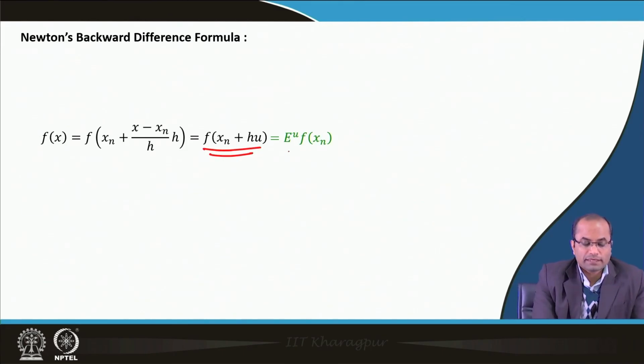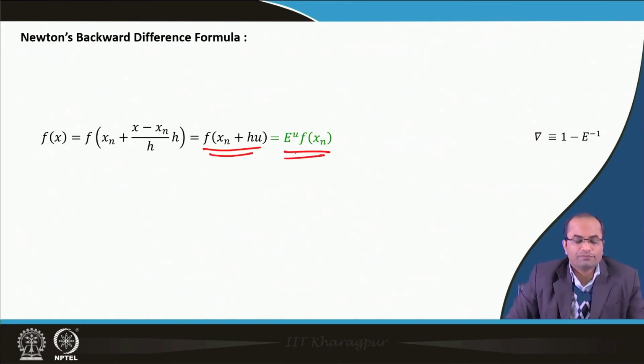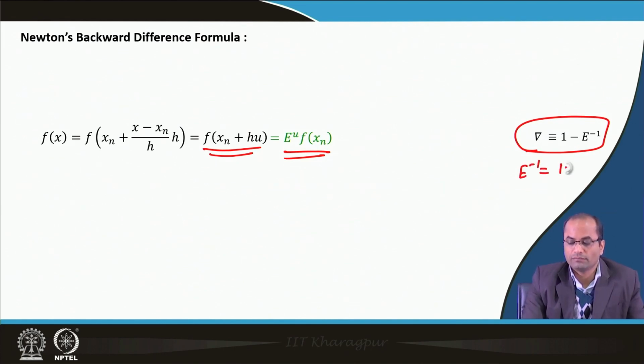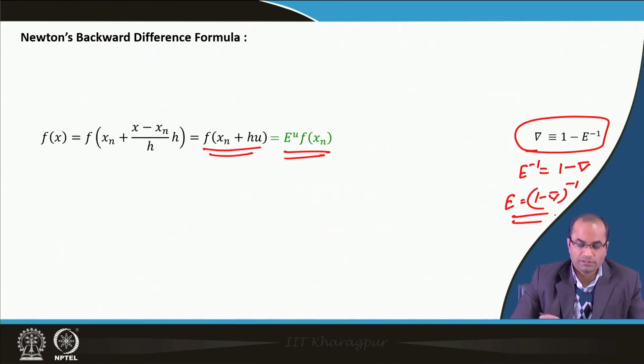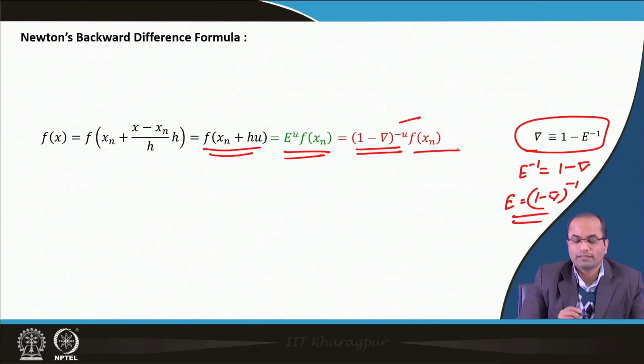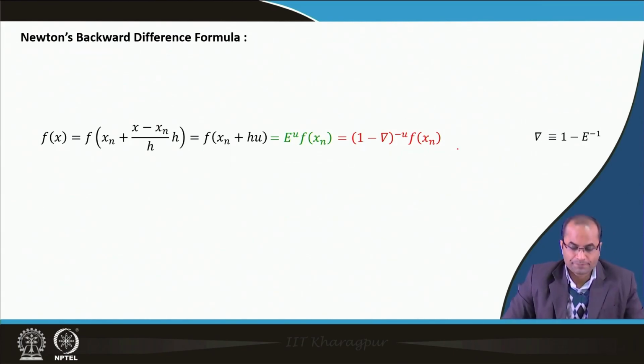So, this again can be written as E power u f x n, and this relation we will use, that the backward operator is 1 minus E inverse, or E minus 1 is nothing but 1 minus this backward operator, or E is nothing but 1 minus backward operator power minus 1. So, this relation we can use there, and so we have 1 minus this backward operator power minus u, and then f x n.